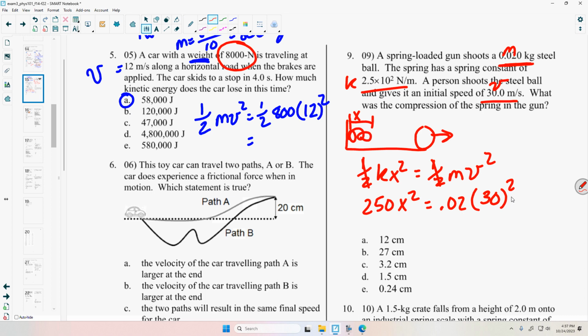So x is 0.27 meters, which is 27 centimeters.